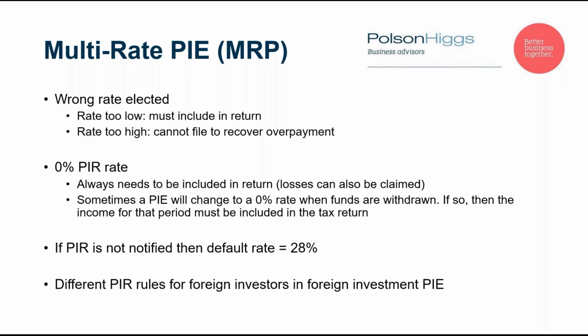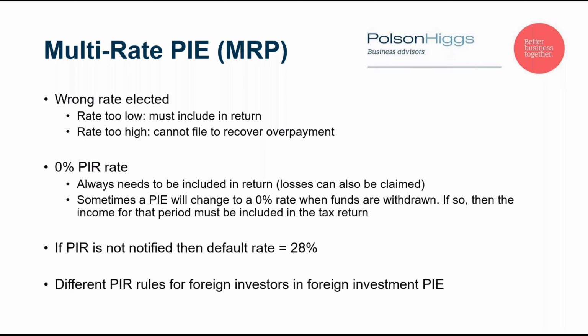The 0% PIR rate, if this one is used, then the attributed income or loss must be included in the tax return. One to watch out for here is when an investor withdraws their funds. Some PIs will automatically change an investor to a 0% rate in the period that they exit the fund.